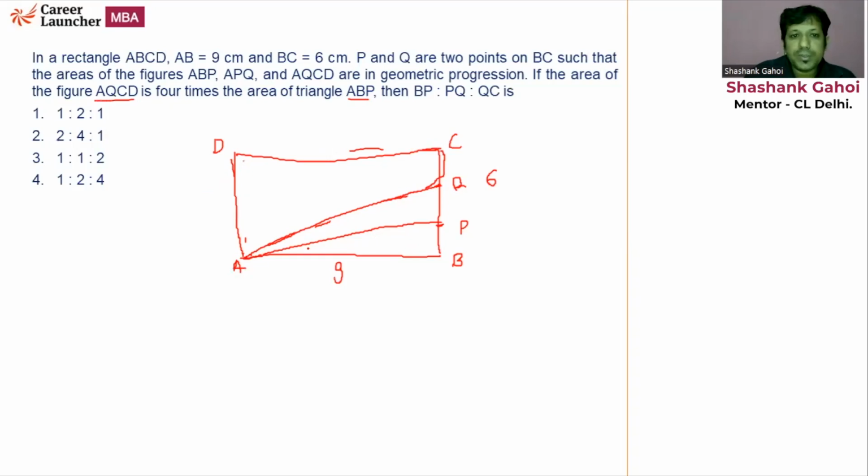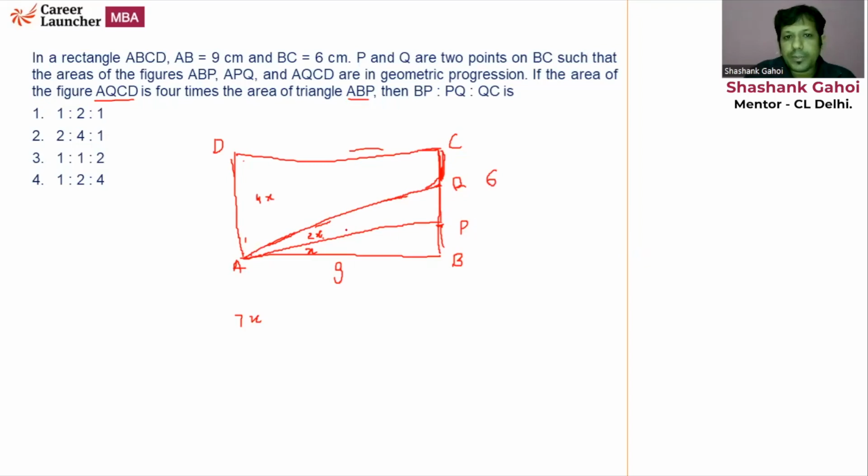So if I assume this area is X, then this area is 4X. Now, if these are in GP, it means this should be 2X. Okay. So I am going to say 4 plus 2 plus 1. This area is total 7X. Whatever it is, 7X. Now the question is talking about BP is to QP is to CQ. These 3 ratios I need to find.